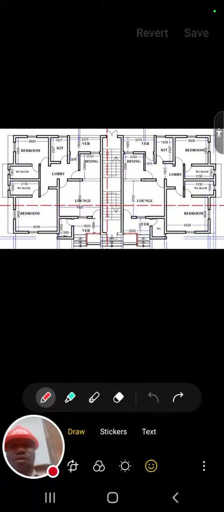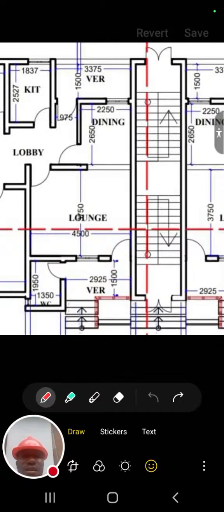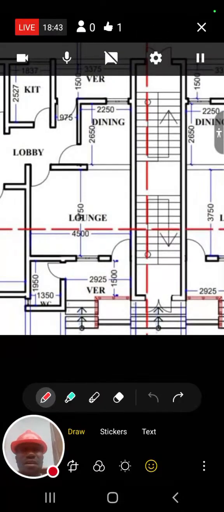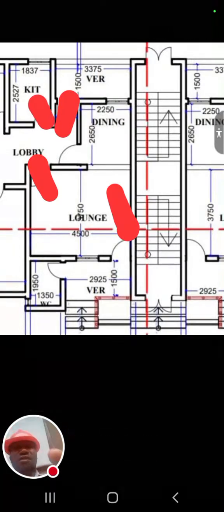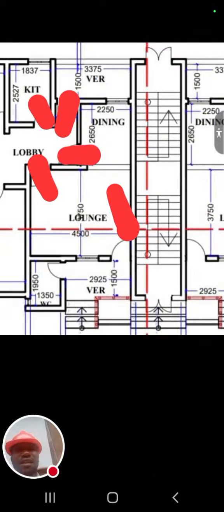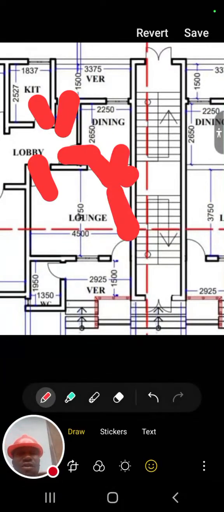The flow pattern I mean is that from one point you enter another: from the veranda you enter this lounge, from the lounge you enter the dining, from the dining you enter the lobby, and from the lobby you can access all of these. You can enter this kitchen, you can enter this dining as well, and you can enter this place again to the lounge.